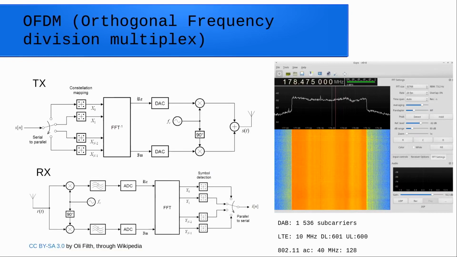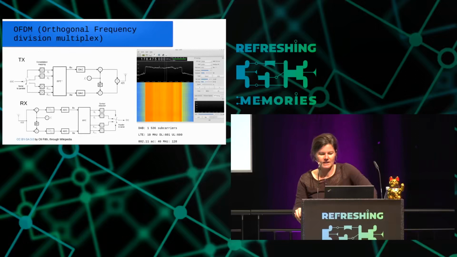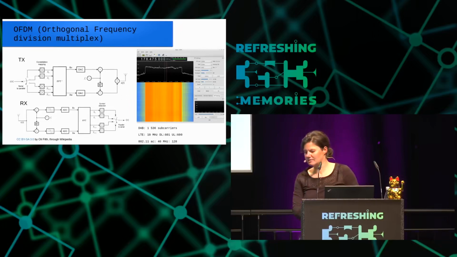So that's why the broadcasting system has very many carriers. LTE, in contrast, only has in the downlink with a 10 megahertz bandwidth 601 carriers, in the uplink 600, and 802.11ac, for example, with 40 megahertz bandwidth, has 128 carriers.